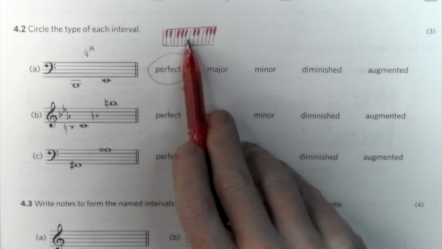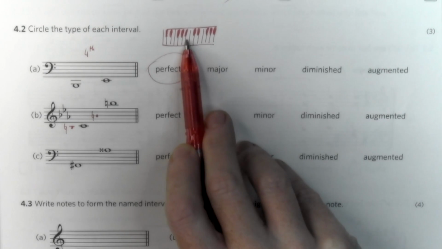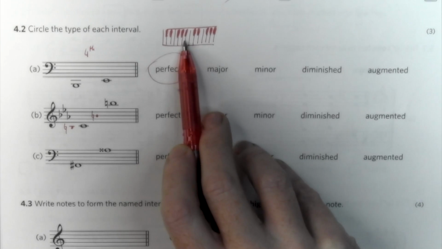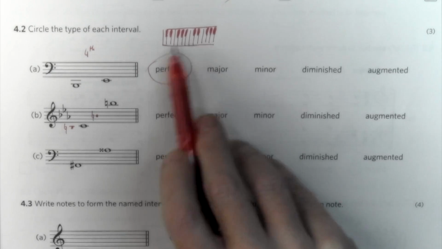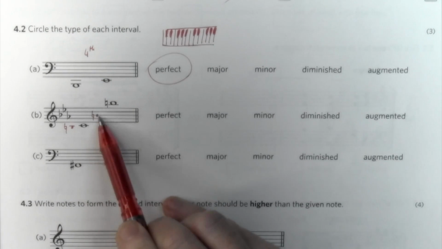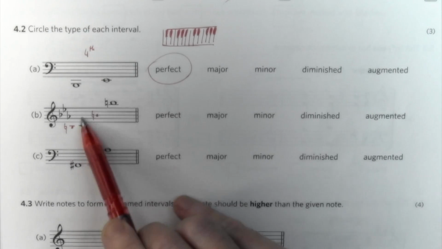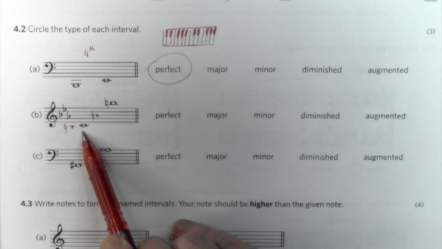Now si, do is what kind of 2nd? It is a minor 2nd, because a semitone is a minor 2nd. Now a minor 2nd, if flipped over again, becomes a major 7th. And this would be a compound major 7th.